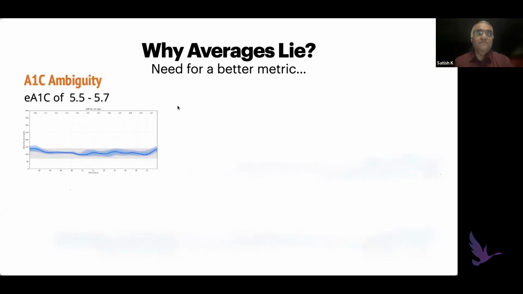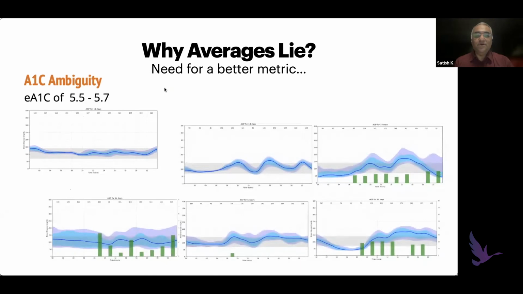But all of these are also 5.5 to 5.7. How do you then take an average to measure a behavior? Look at the variability. Look at this person on the bottom left, who has absolutely zero control on the sugar.